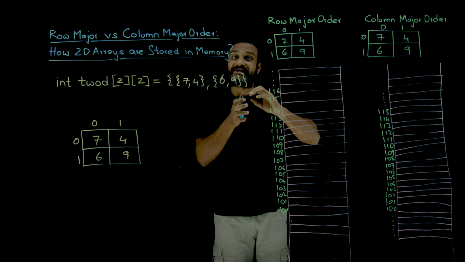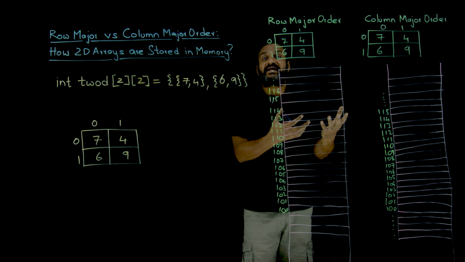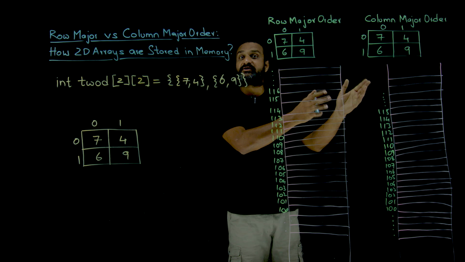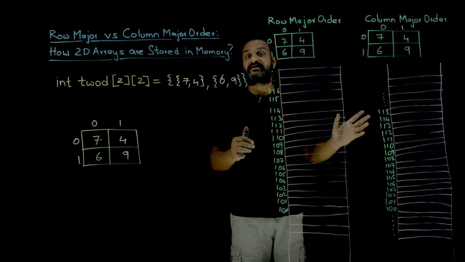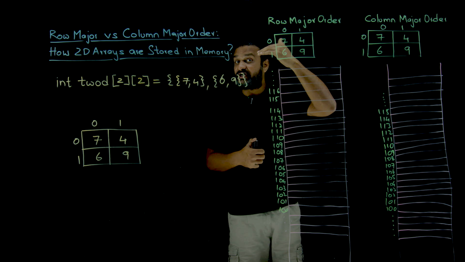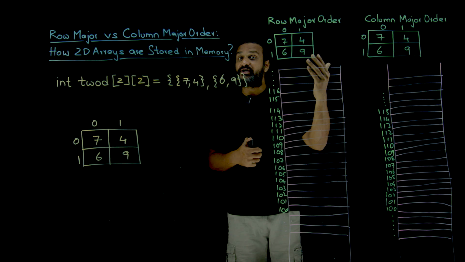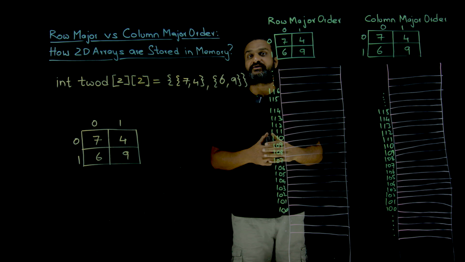So what are row major order and column major order? A compiler may implement row major order, or it may implement column major order. We will see both cases, how the elements get stored if the compiler uses row major order, or if it implements column major order.